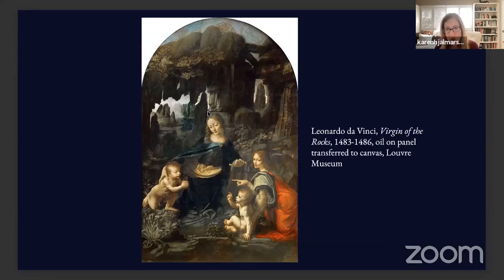And it's in, of course, the 15th century, where, again, we begin to see the use of landscape in Italian painting, too. So we have the Virgin Mary, the baby Jesus, and John the Baptist.